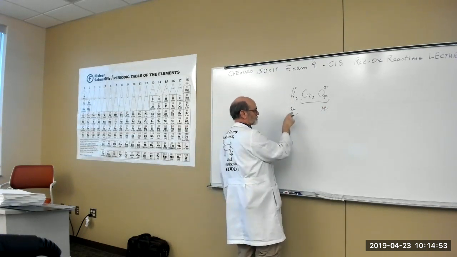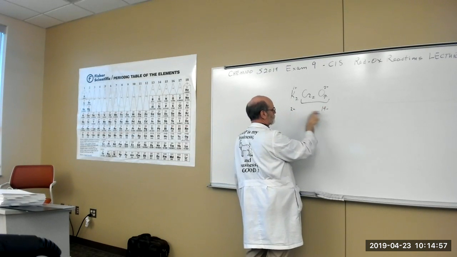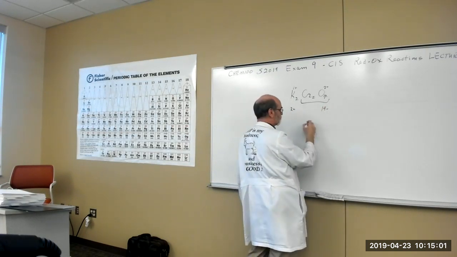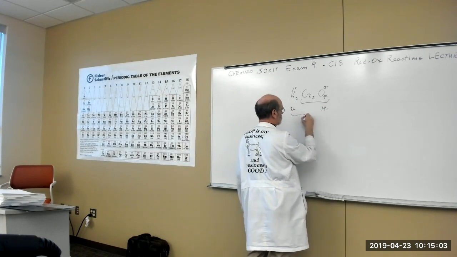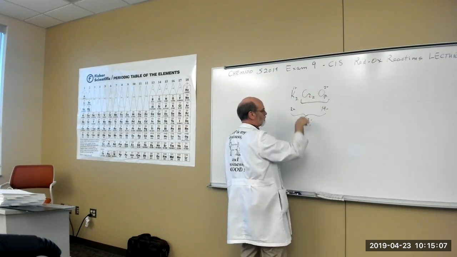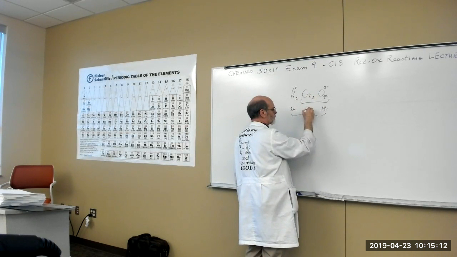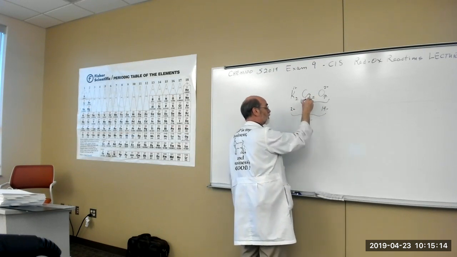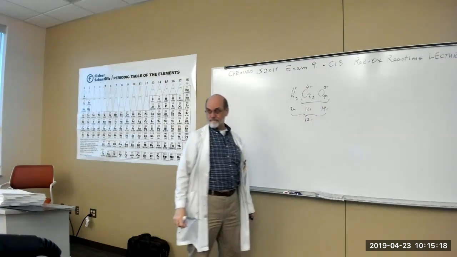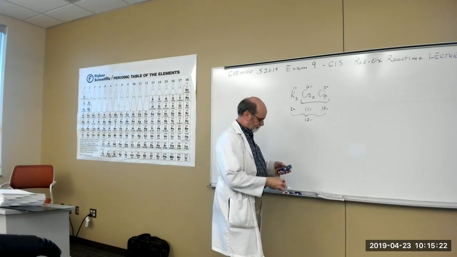So 2+ and 14- is 12-. So that means these 2 chromiums have to balance those 12- with 12+. So that means each one of these chromium is 6+.